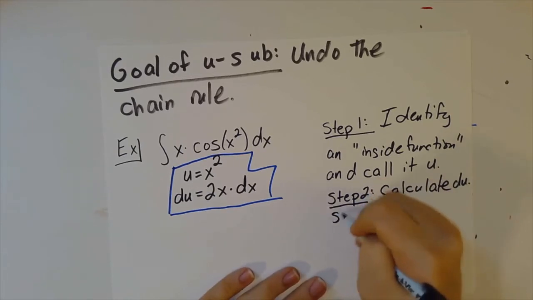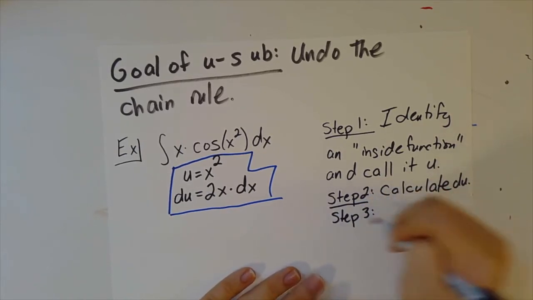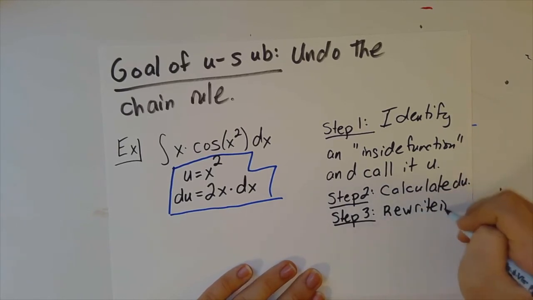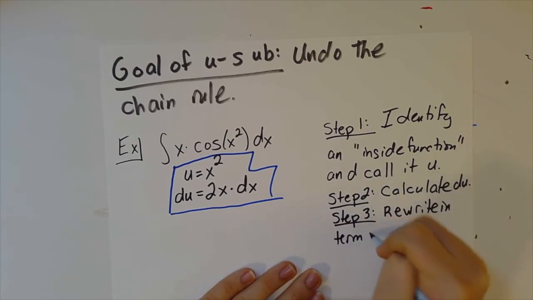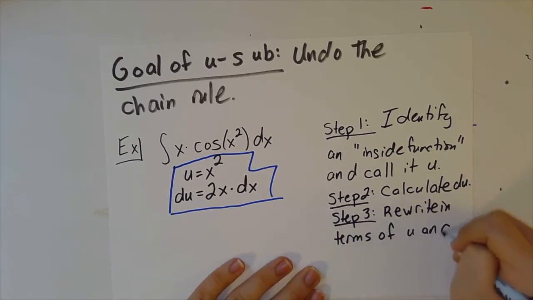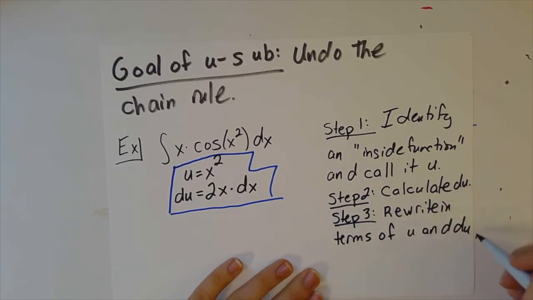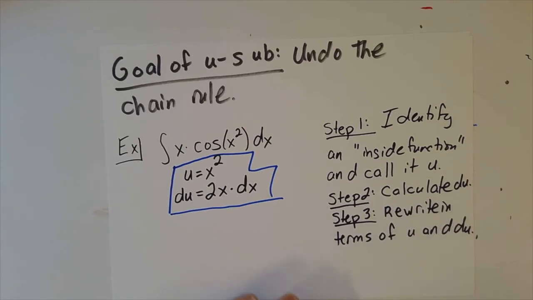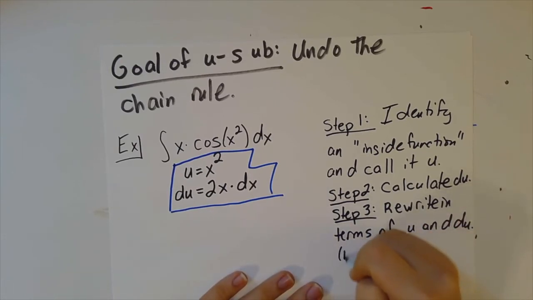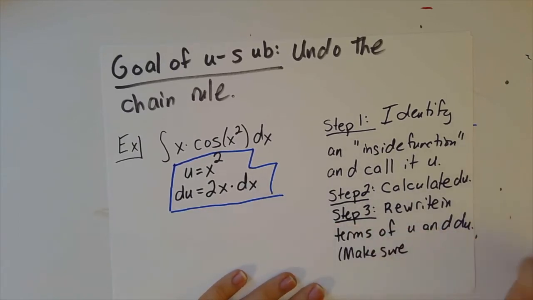So step 3. Rewrite in terms of u and du. Now I'm going to note that when I say rewrite this, I have to rewrite all the x's. So make sure at this point that no x's or dx's remain.